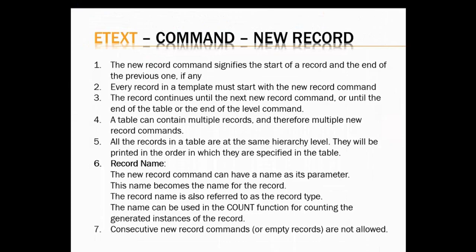The name can be used in the count function or an aggregate function. Sometimes we have to display the count of the records, and then typically you can use the record name for those count functions. Okay, so that is important.